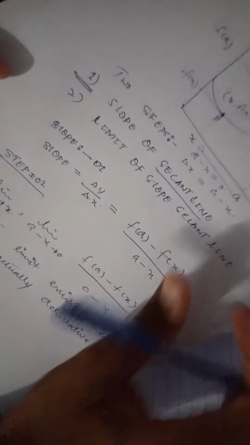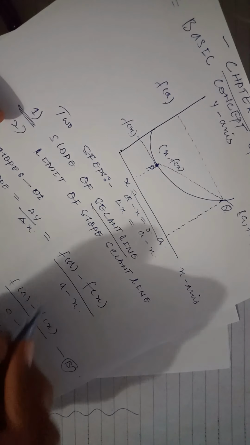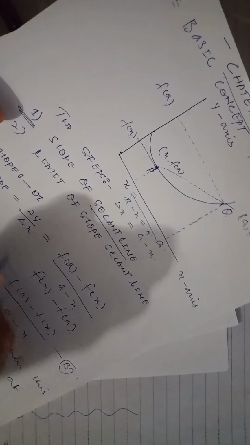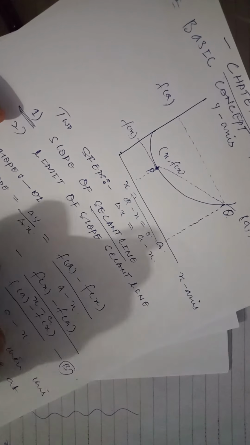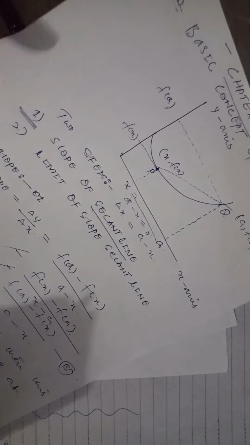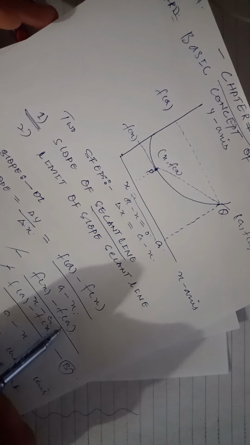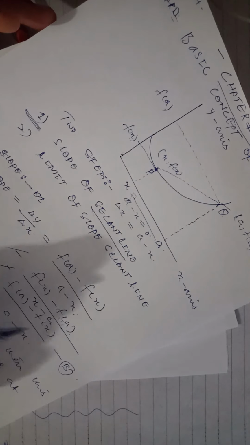We can also write this formula in another form: f of x minus f of a, taking the common minus, it becomes x minus a, and minus minus cancels. This is the actual form of the formula.